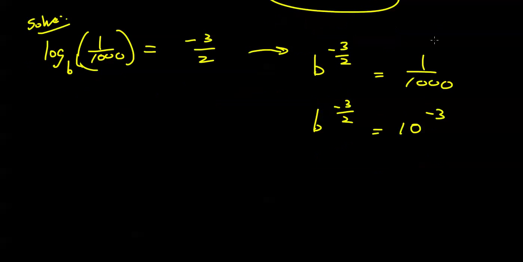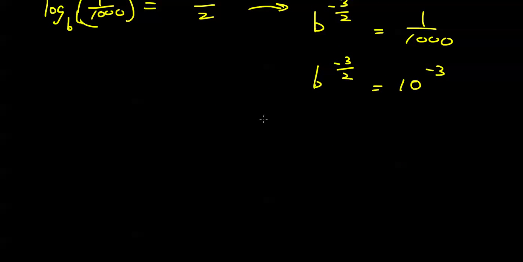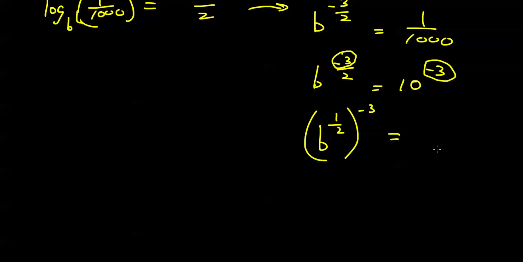Alright, a little trick I'm going to do here. I notice I've got a minus 3 in the numerator of that fractional exponent, and a minus 3 here. I can claim on the left hand side it's b to the 1/2 to the minus 3 power equivalently, and that equals 10 to the minus 3 power.